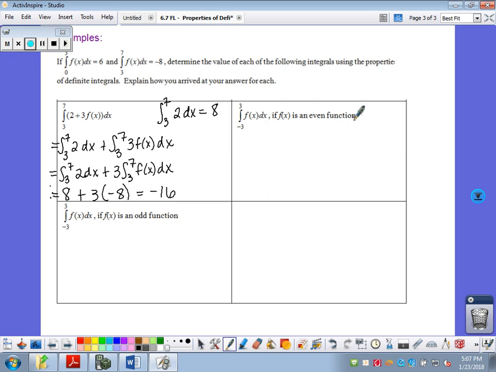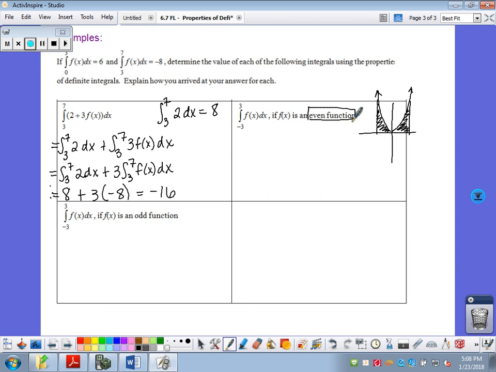For this next integral, we need to use what we know about even functions. So if you'll remember, even functions are functions that are symmetrical across the y-axis. So for example, a parabola is symmetrical across the y-axis. And so because of that, if you're going from the same point on either side of your y-axis, with one being negative and one being positive, these two areas on either side of your y-axis are going to have the same value.